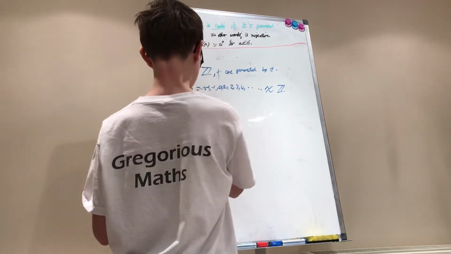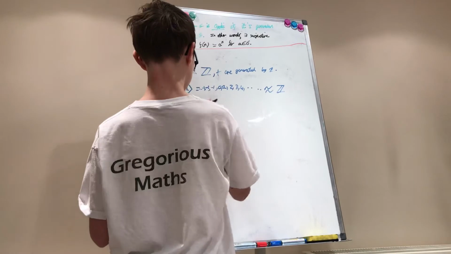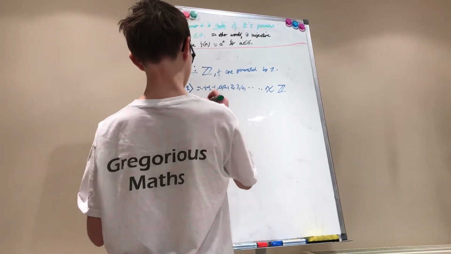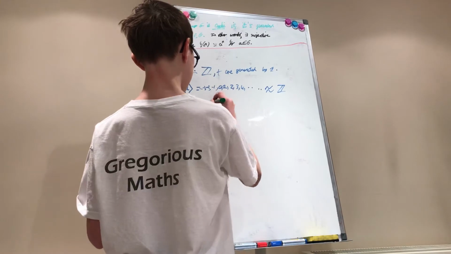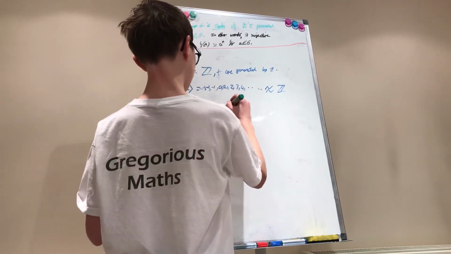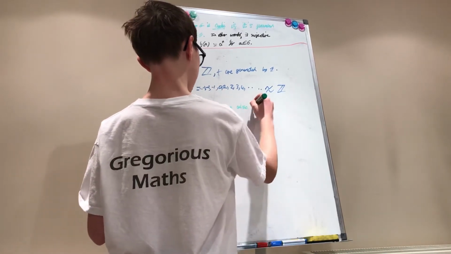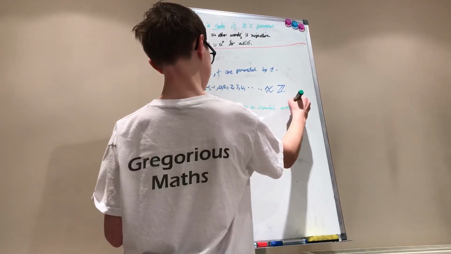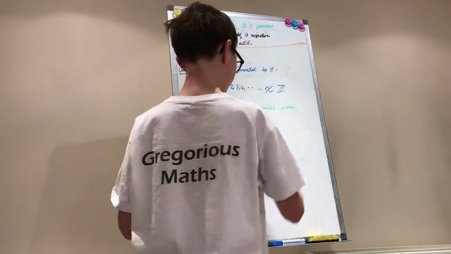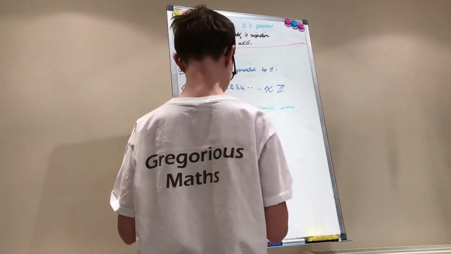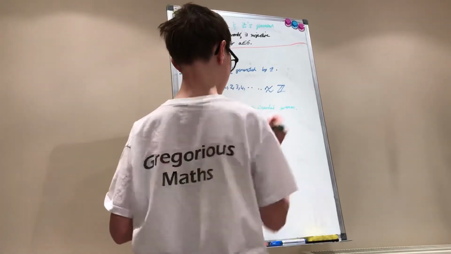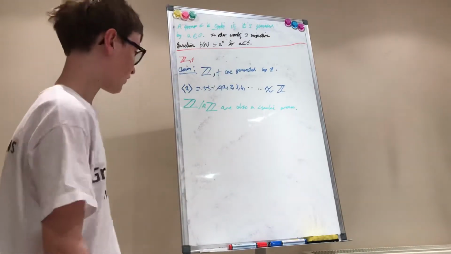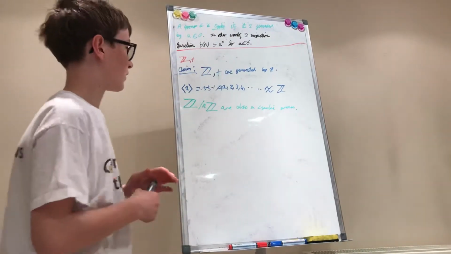The integers mod n are also cyclic. So, why is that?